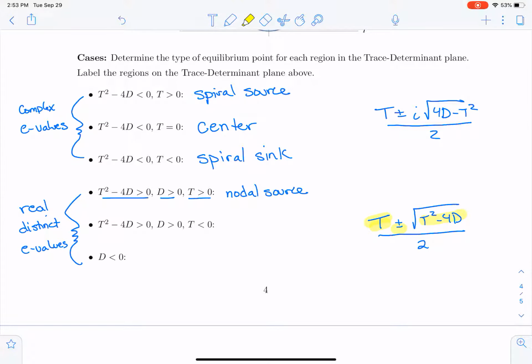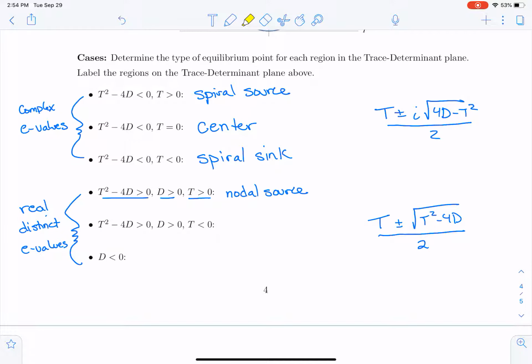So the square root of t squared minus 4d, if the determinant is positive, is going to be less than t. And so I'll subtract something less than t, and that again will give me a positive eigenvalue. So I will get a nodal source.